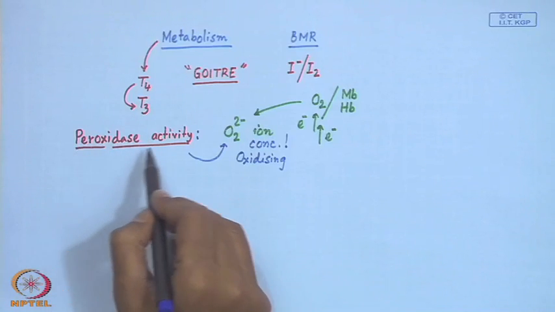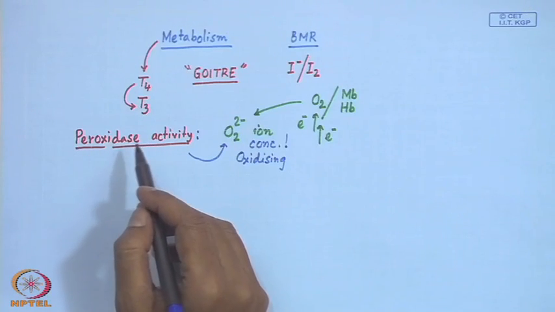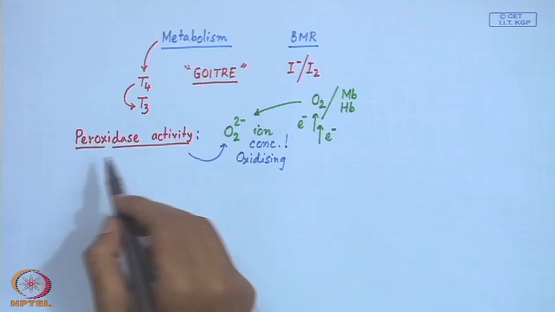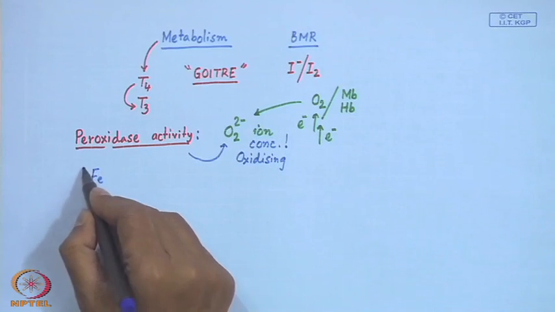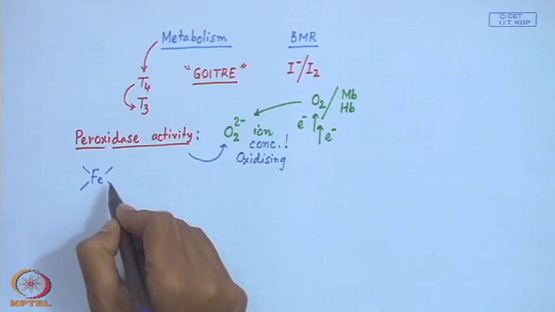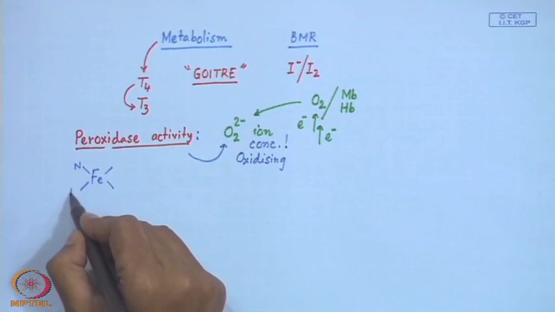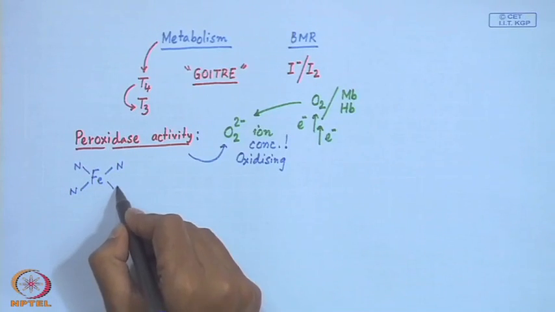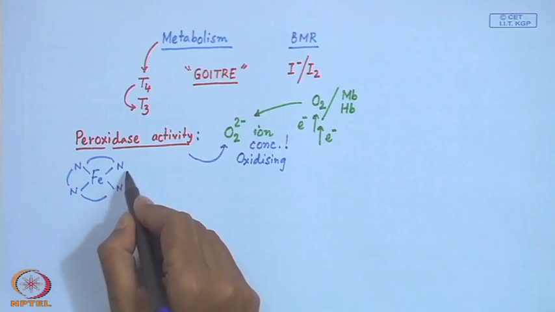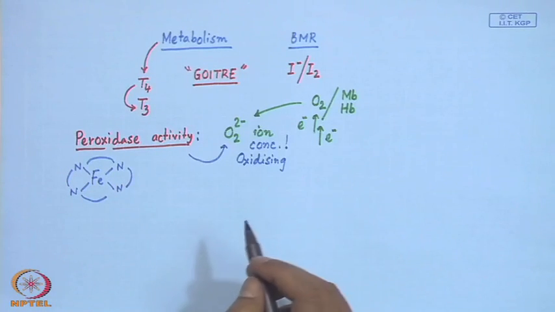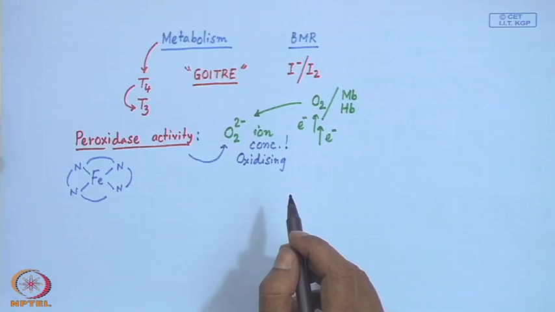If we want to go for the destruction of the peroxide ion, we always take the help of the peroxidases. The standard peroxidases are based on the iron porphyrin macrocycle, that means the heme proteins, and heme proteins are responsible for both peroxidase and catalase activity.